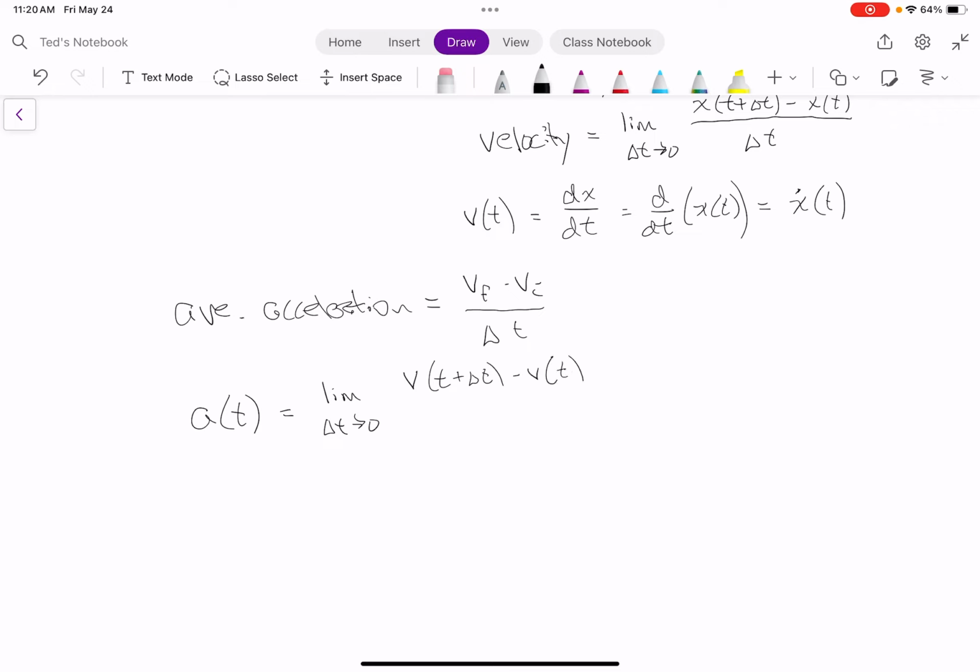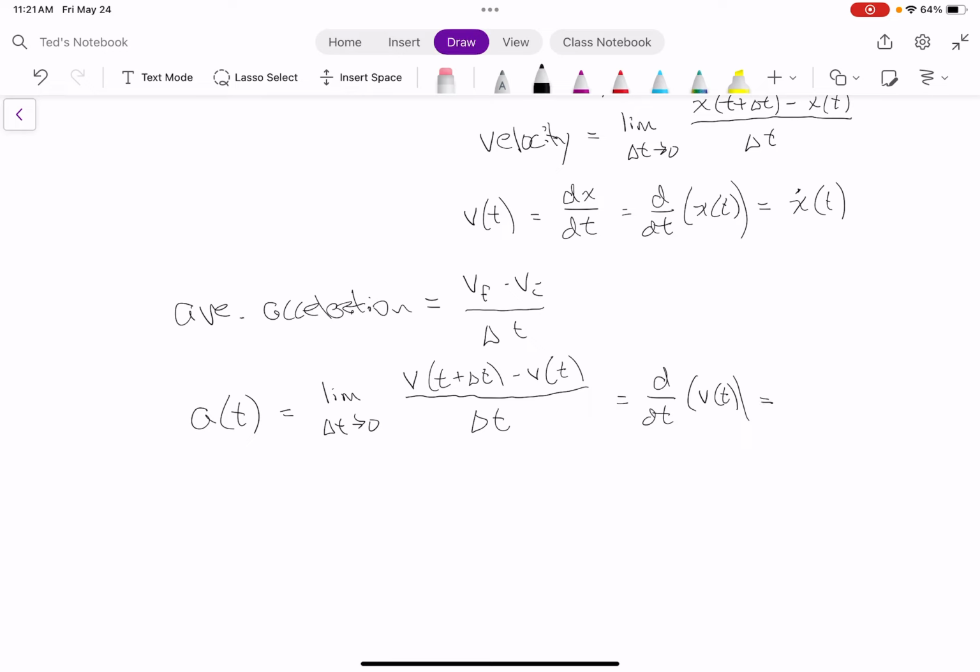So that is the final velocity minus the initial velocity divided by the change in time. And that would be the instantaneous acceleration, or the acceleration right now. So that is equal to the derivative with respect to time of the velocity function.